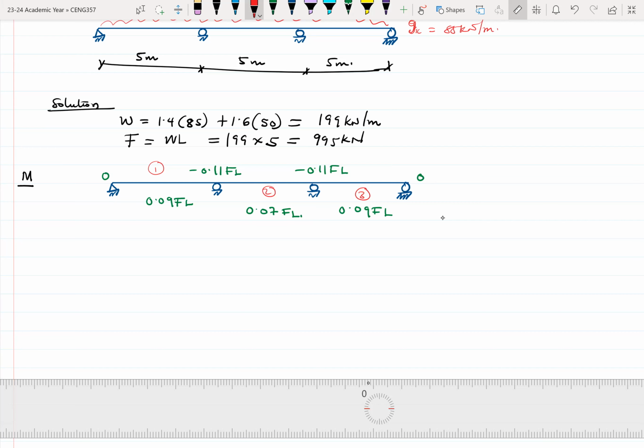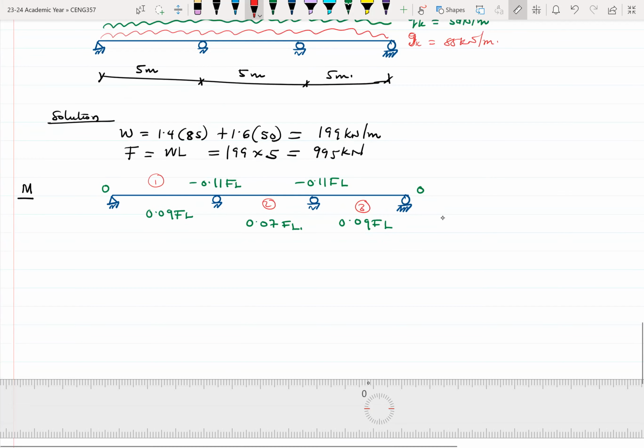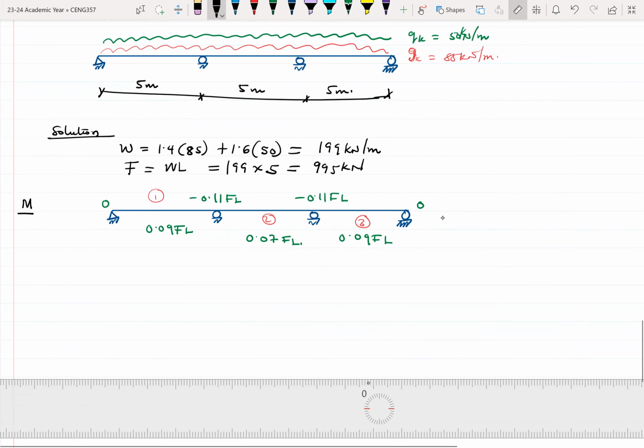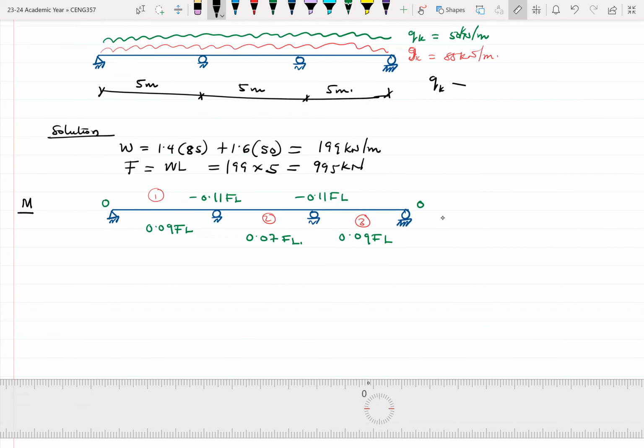Okay. So we are going with this simplified approach because all 3 conditions have been satisfied. We are using a UDL. The spans are the same, and also you'll see that your live load is not more than the dead load, or the dead load is more than the live load. So all 3 conditions have been satisfied.